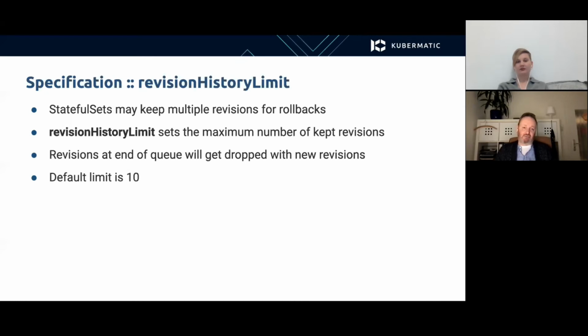StatefulSets keep multiple revisions for rollbacks, and this parameter sets the maximum number of capped revisions. Once we have more updates than this number, the older revisions at the end of the queue will get dropped. And you can easily roll back the stateful sets. The default limit, if you don't specify, is 10.